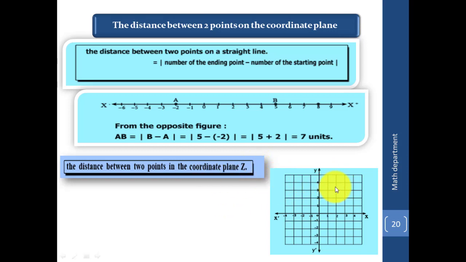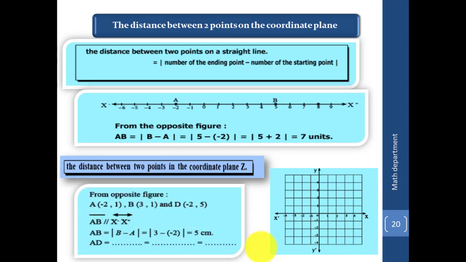To find the distance between 2 points, the 2 points must be in the same horizontal line, or in the same vertical line, like this. From the opposite figure, A equals negative 2 and 1, B equals 3 and 1, and D equals negative 2 and 5.